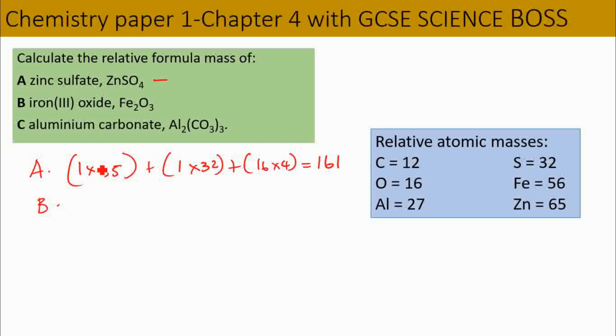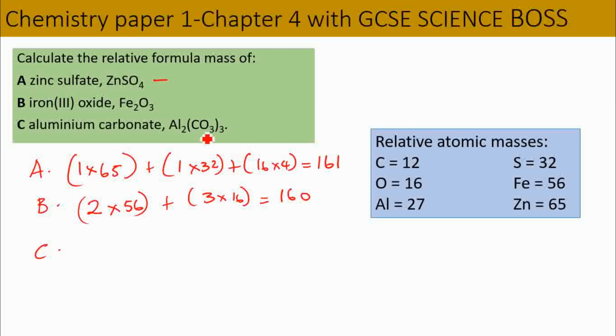Then let's look at B. We have 2 iron, so that's going to be 2 times 56, plus 3 times 16, and if you do all of that correctly, you're going to get 160.